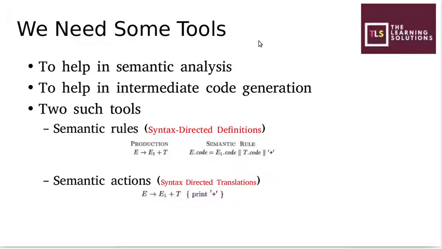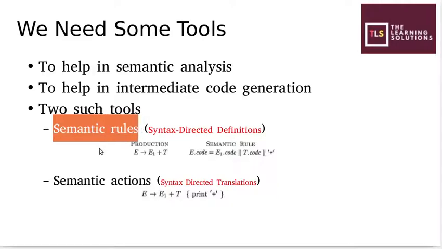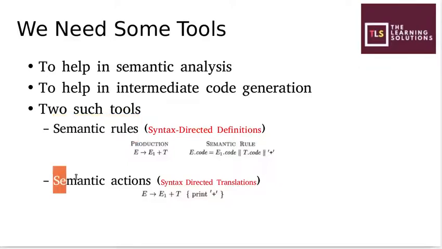In the SDD, we have the grammar along with semantic rules, and in the syntax directed translation, SDT, we have grammar plus semantic actions. What are semantic rules? Consider the production given here as E tends to E1 plus T. We have to apply some semantic rule in the form of attributes of each and every non-terminal symbol.